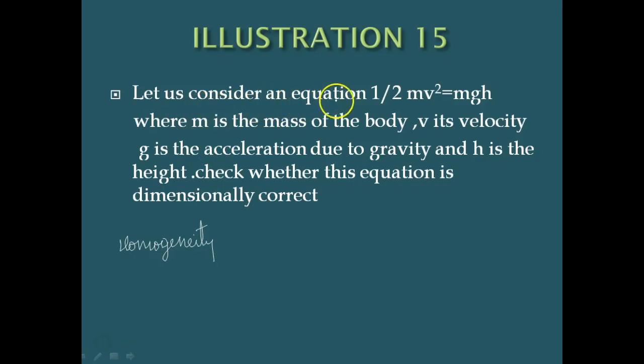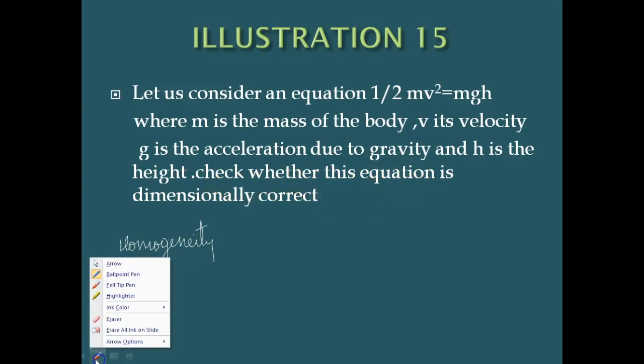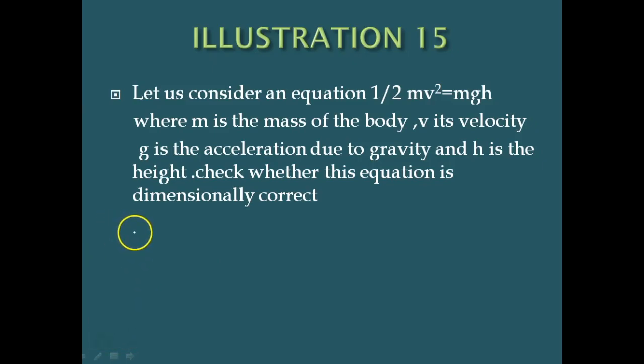Let us consider an equation half mv square is equal to mgh, where m is the mass of the body, v its velocity, g is the acceleration due to gravity, and h is the height. Check whether this equation is dimensionally correct, or in other words, check the homogeneity of the equation.